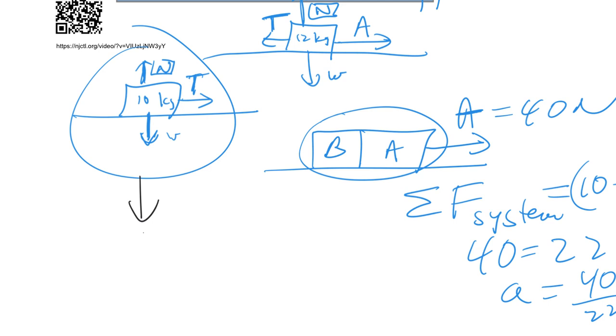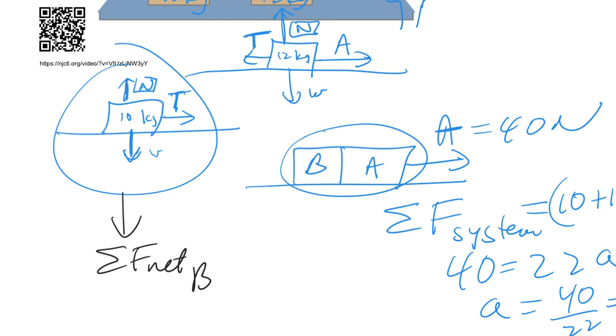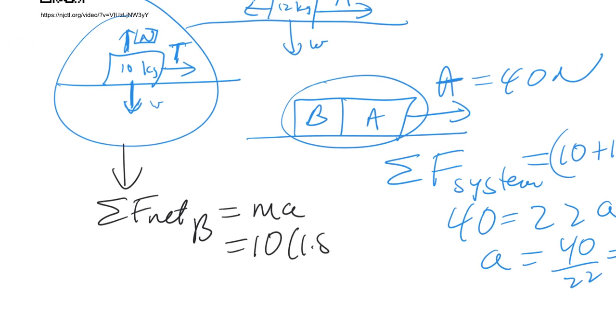So we can say the net force on box B is equal to MA. So equals 10 times the same acceleration that we had before. And so that's 18.2. That's what the tension is.